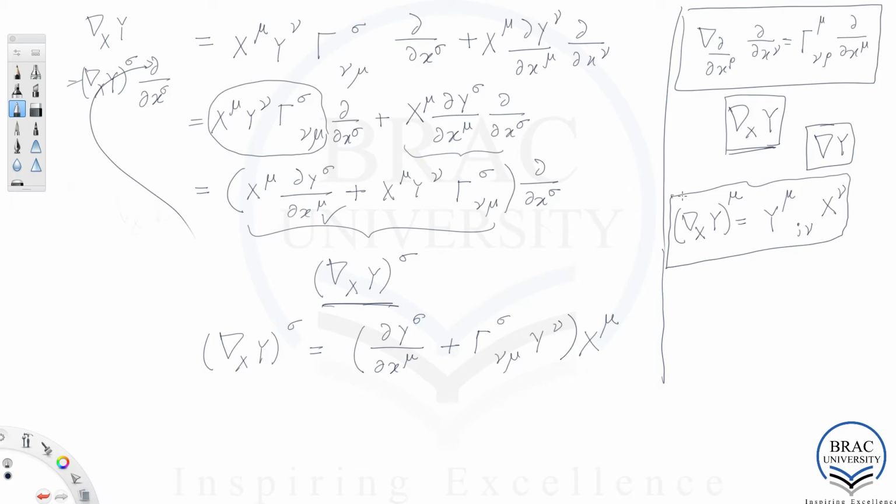So now if I use this, if we choose the proper indices, if I put x mu here, then I should have y sigma semicolon mu here, right? Or using this nabla symbol, this is going to be nabla y sigma mu, right?